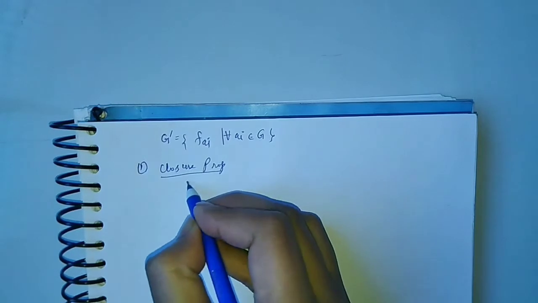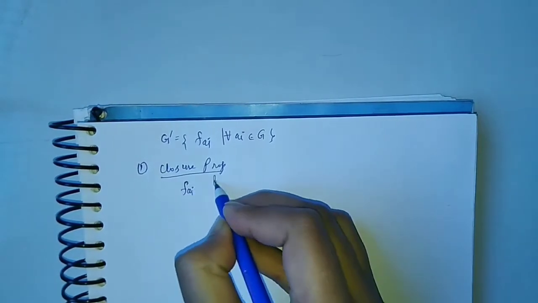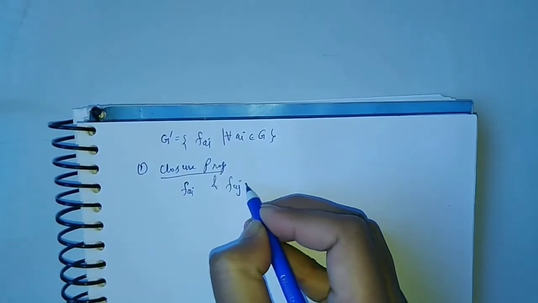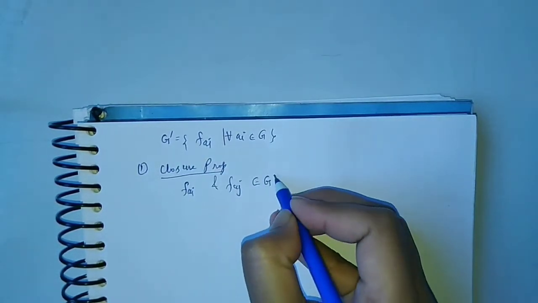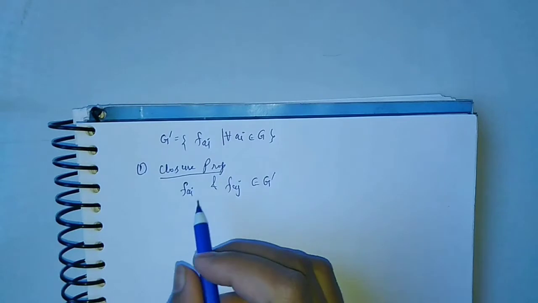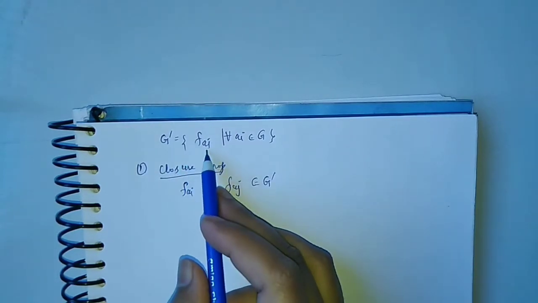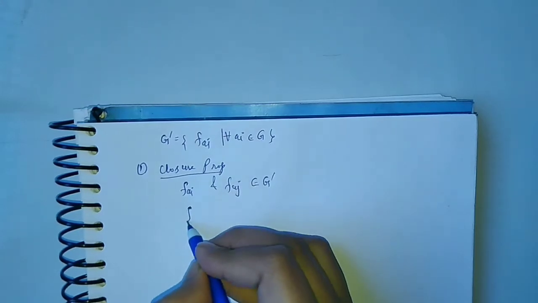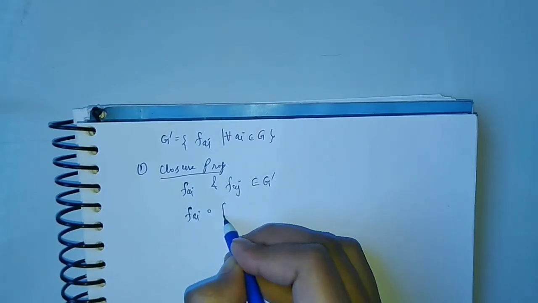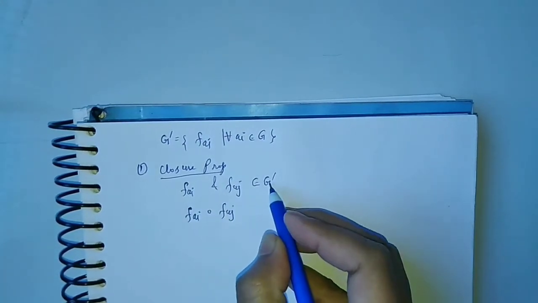For this, let f(ai) and f(aj) be two arbitrary elements from this set G dash, and the operation on this set is composition of functions. So we have to prove that f(ai) operation f(aj) also belongs to this set.